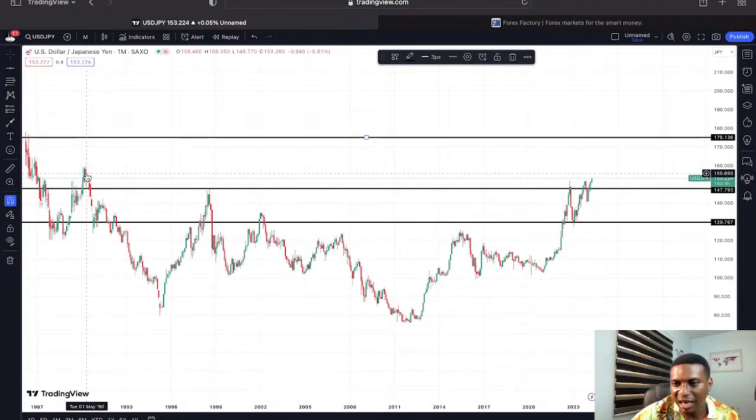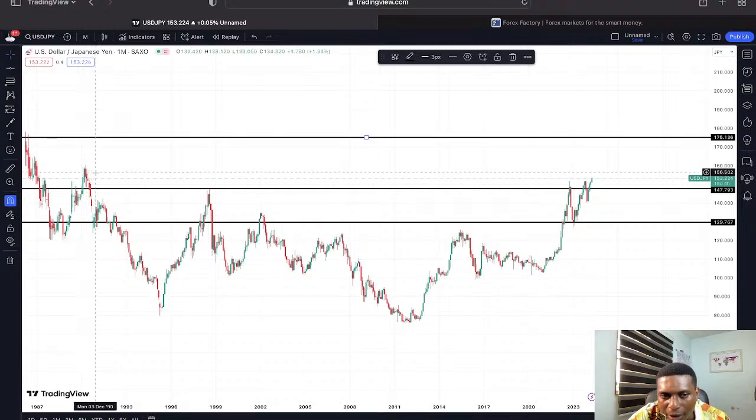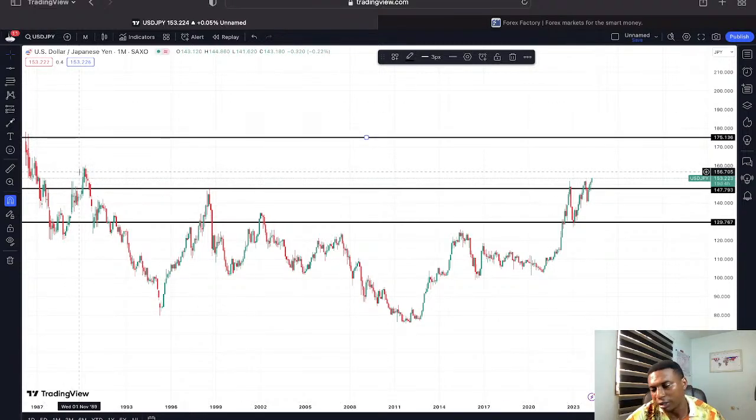However, the last time we saw price at the 150 region was in 1990. And now in 2024, we are seeing price at the 150 region. Now, let's go back to historical trend.